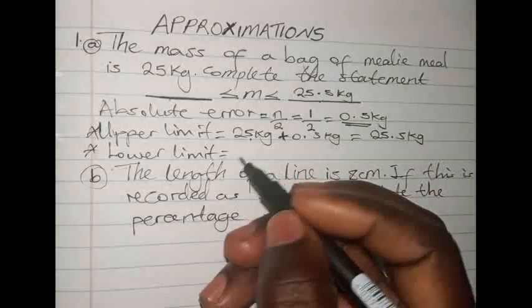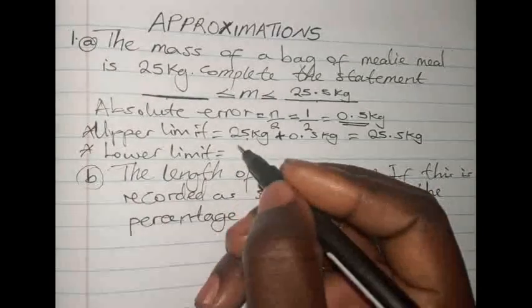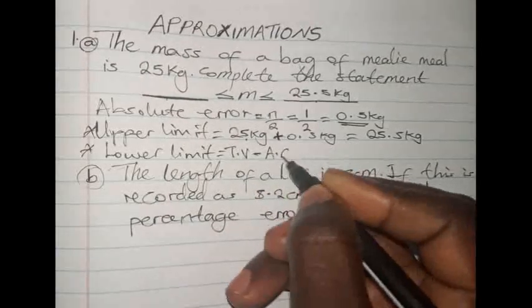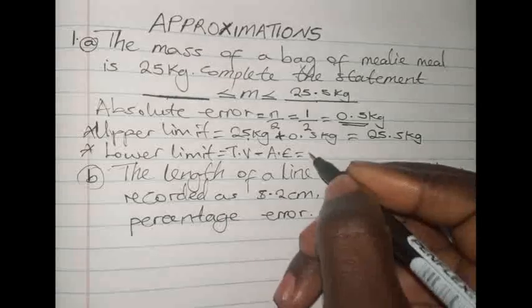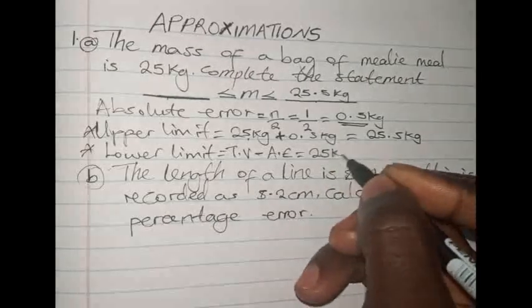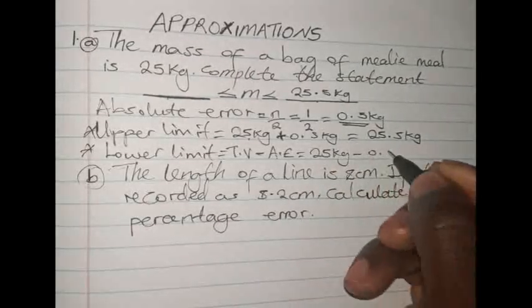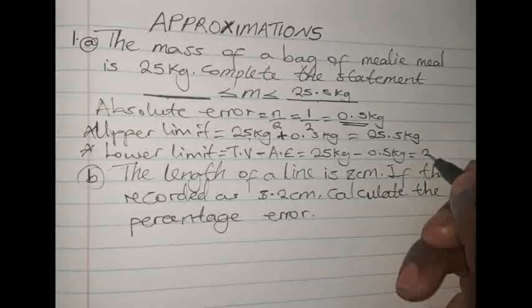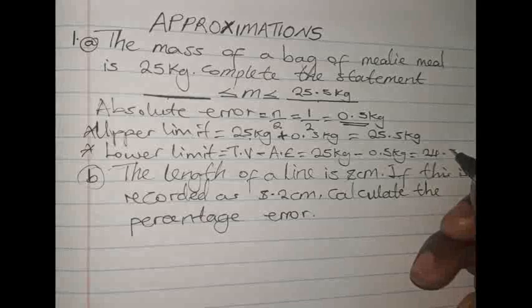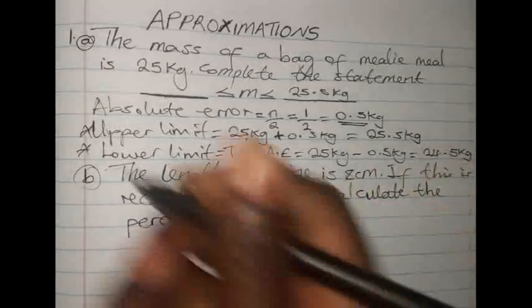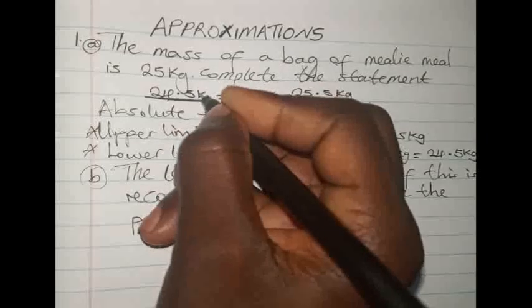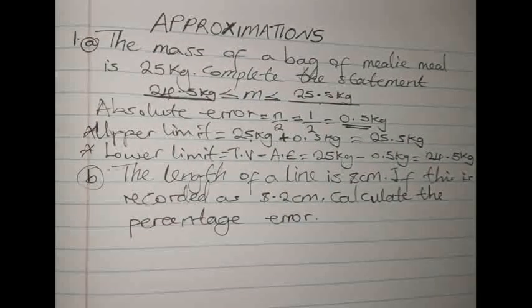For this one, we subtract the true value minus the absolute error, which here is 25 kg minus 0.5 kg, which will give us 24.5 kg. So that is how you answer this question.